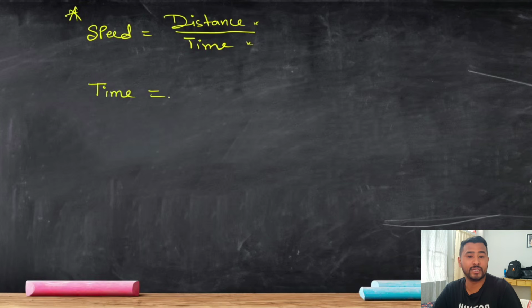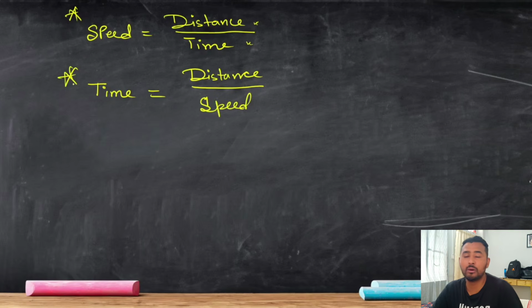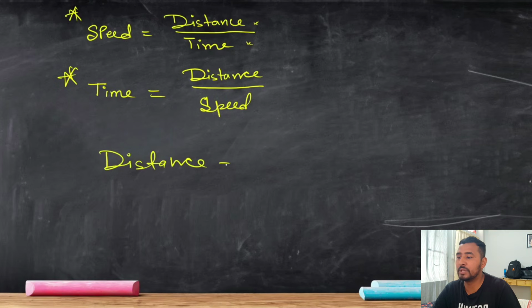Whenever we have to find the time, if speed is given and distance is given, you can use this formula: time will be equal to distance by speed. In the other case, if time is given, speed is given, and you have to find the distance, how will you find it? Distance will be equal to speed multiplied by time.